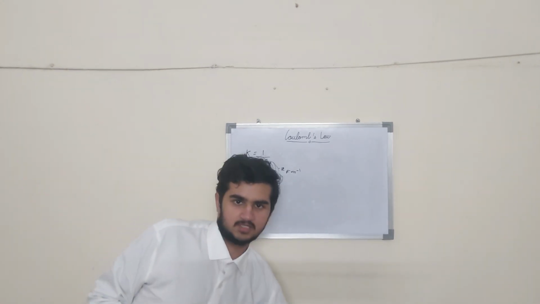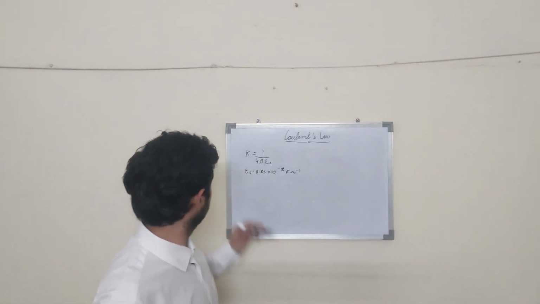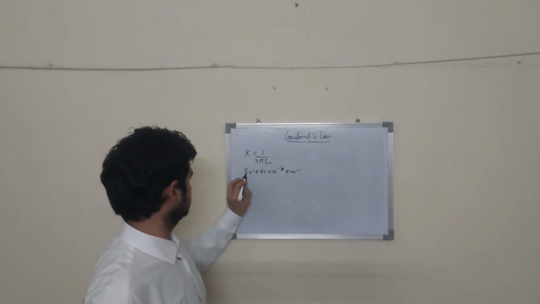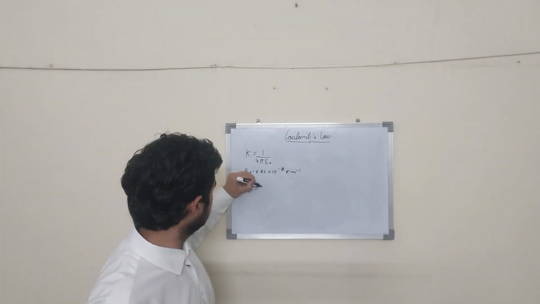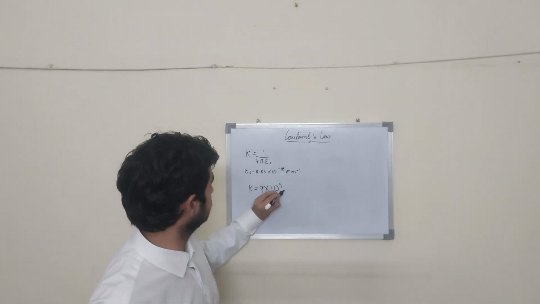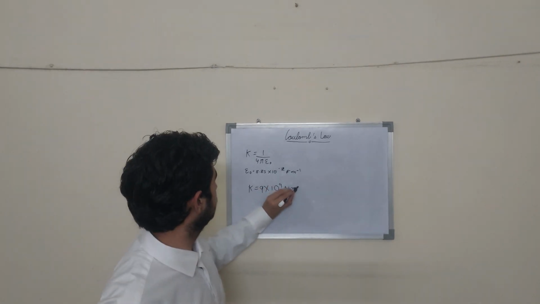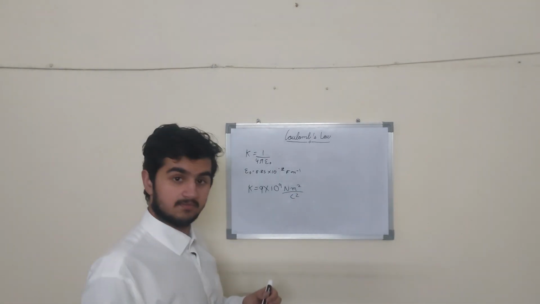We will study more about capacitors in electrical circuits. And so when we put this value in this equation, we get K to be nearly equal to 9 into 10 to the power 9 Newton meter square upon Coulomb square. So this is the value of K.